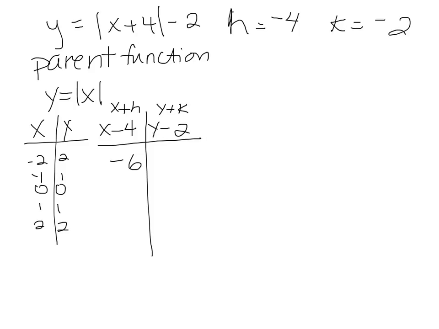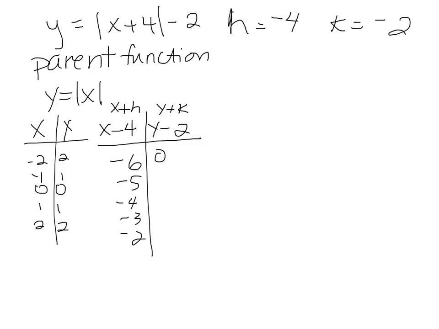Alright, we're going to do the next one. -1 minus 4 is -5. 0 minus 4, -4. 1 minus 4, -3. 2 minus 4, -2. Nice little pattern. Now we're going to do y plus k. So we're going to take this y, the 2, and plug it into 2 minus 2. 2 minus 2 is 0.